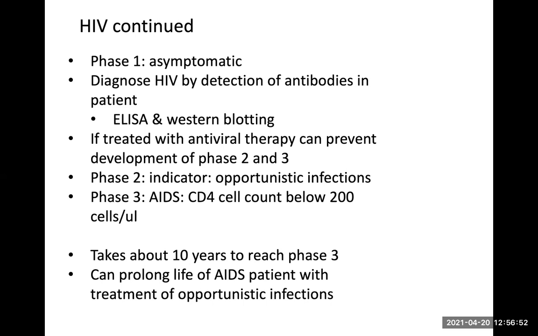If you have some event where you think you may have been infected, you need to wait 10 days to get that test. But then you should follow up with another test 6 months later, just to make sure it's still negative. If you test immediately, your body won't have had time to make any antibodies. We use ELISA, and if your ELISA test comes back positive, then we confirm with a Western blot to make sure. And that's how someone would be diagnosed as HIV positive.